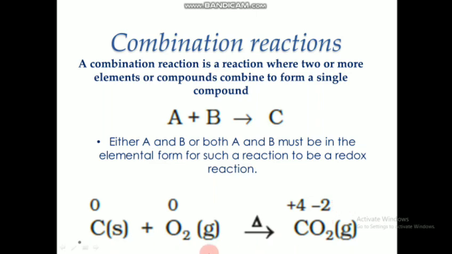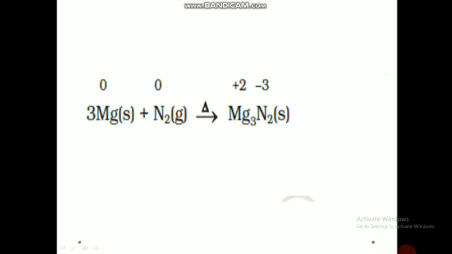And it's a combination reaction also. Two different elements are combining together or atoms are combining together to form a single compound or a single product. Another example is Mg plus N2 gives Mg3N2. So hence it's a redox reaction and it's a combination reaction as it is just one product.